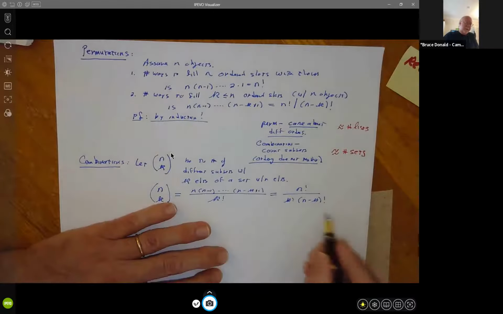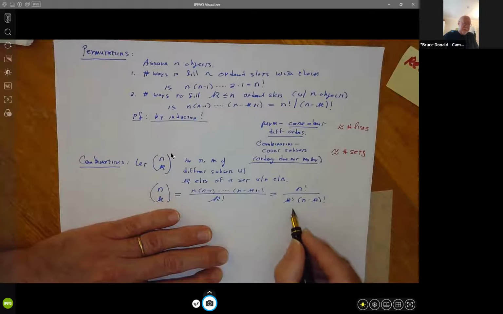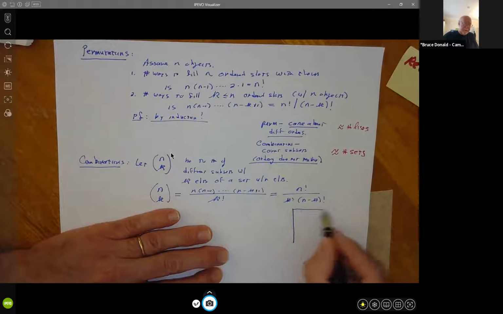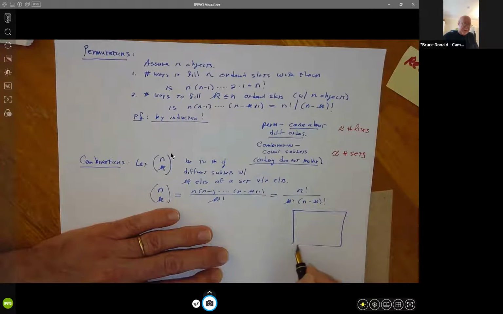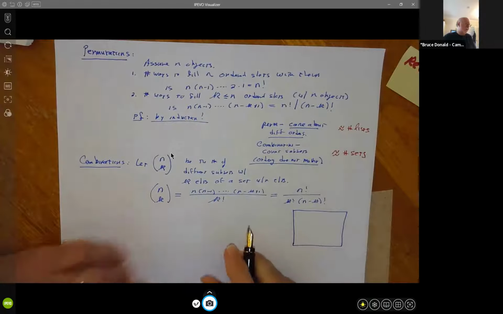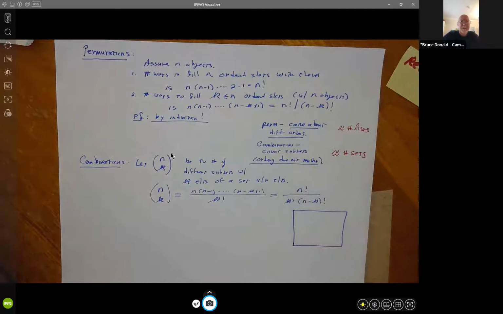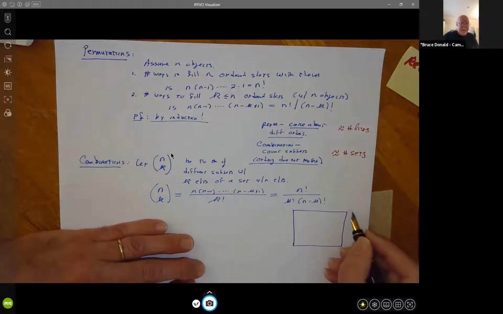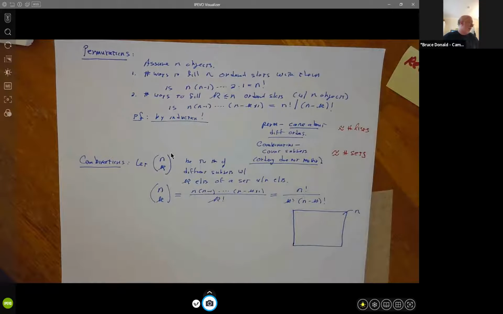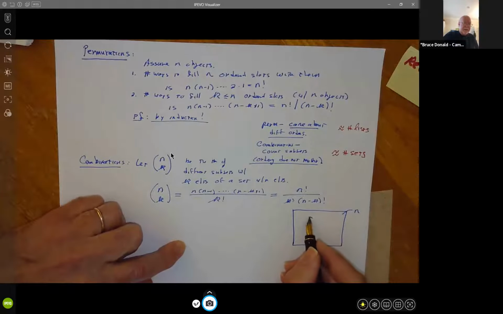So the way we can think about this is as follows. We have a big set here. And by the way, in this case, we're always talking about finite discrete sets. Very happy place for discrete mathematics and discrete mathematicians. So we have this big set of things. This big set has n different elements in it. And what we imagine doing is choosing a set that has k elements in it.